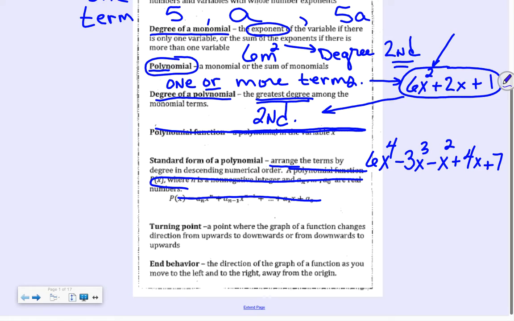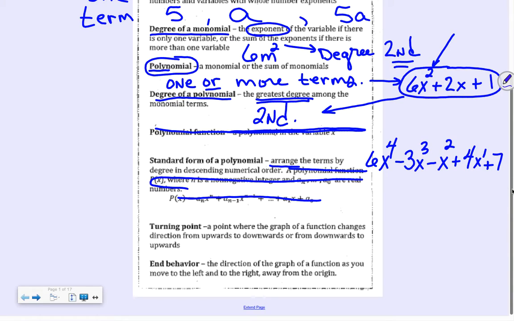You have to look at the power of x. The highest power goes first. X to the 4th, x to the 3rd, x to the 2nd, x to the 1st. This one is x to the what? 0. Yeah, you don't put it, but it's there, x to the 0. Okay? Does that make sense? It's really easy. You just got to rearrange it in your head.